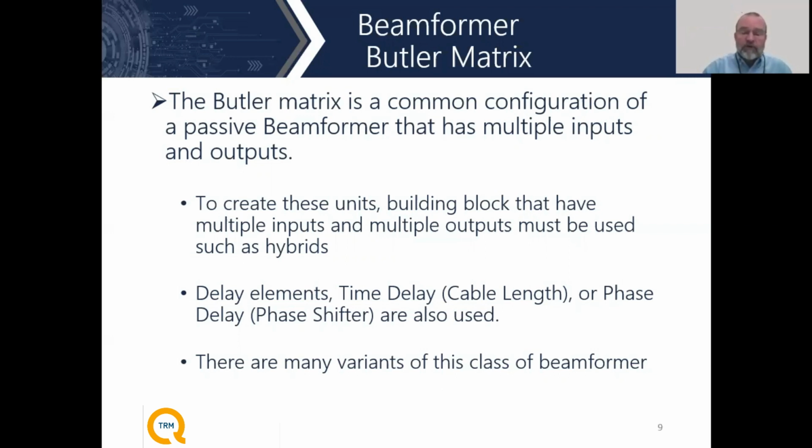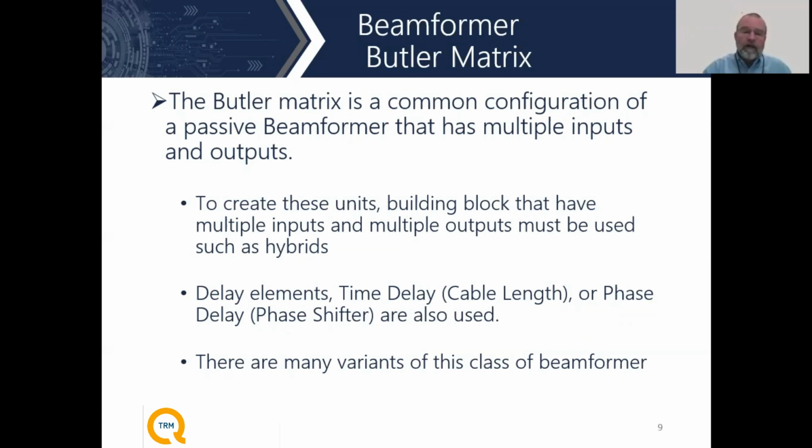As we change frequency, the phase relationship will remain constant, but the actual time going through the network will change according to frequency. They both have advantages, and neither one is better than the other. They create different sorts of scan beams in the actual application.